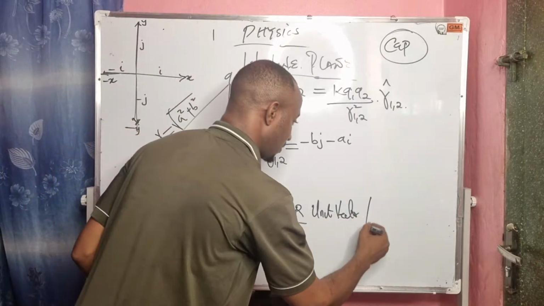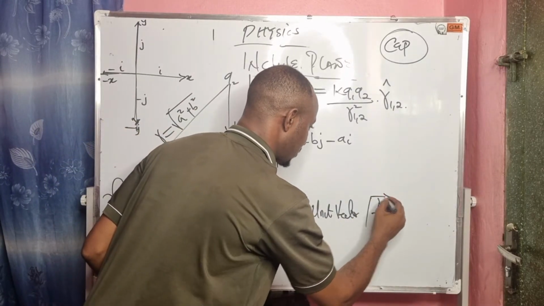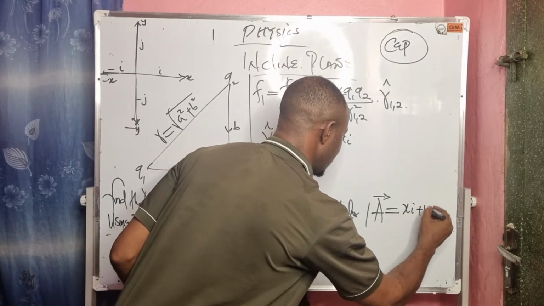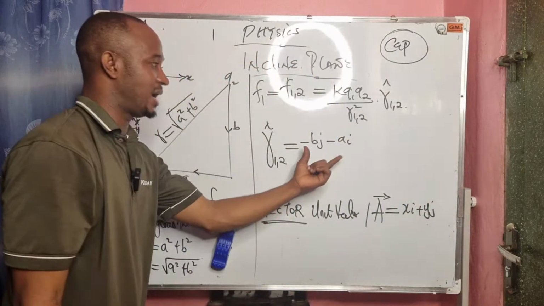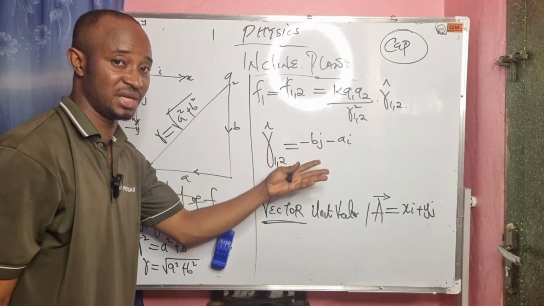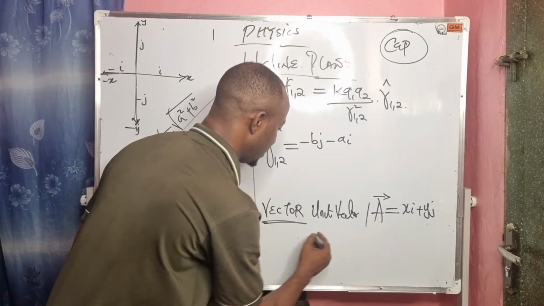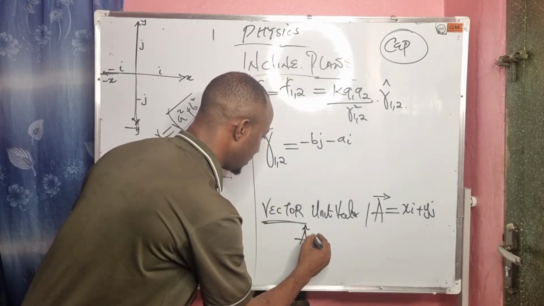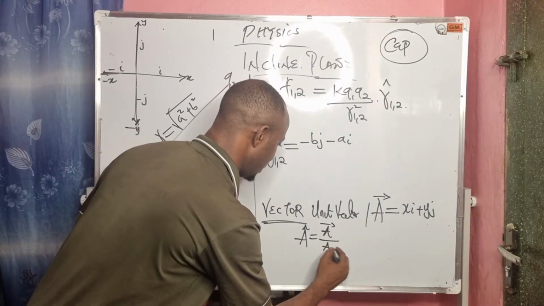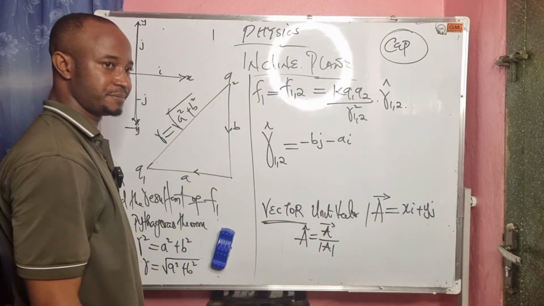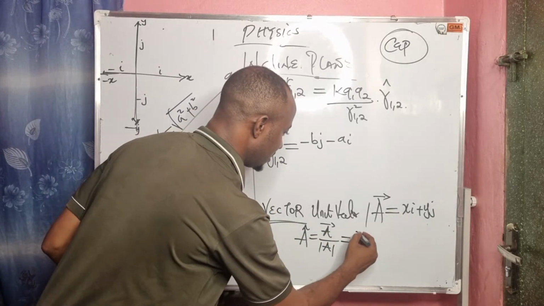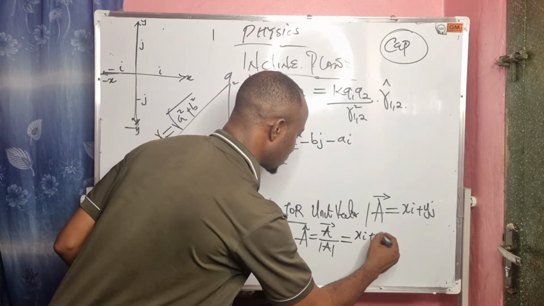If I have a vector A equal to xi plus yj, like we have here, this is like saying minus ai minus bj, right? And I'm to find the unit vector. Unit vector is defined as vector A over what? The modulus of A.